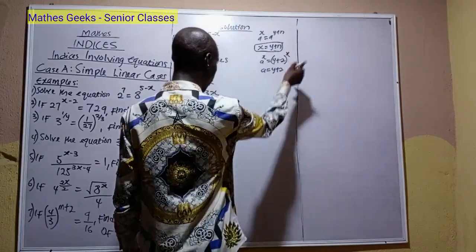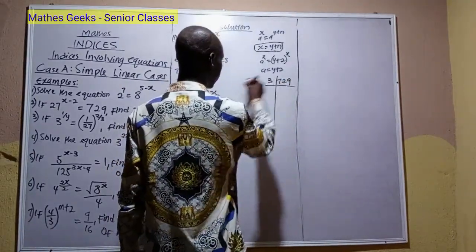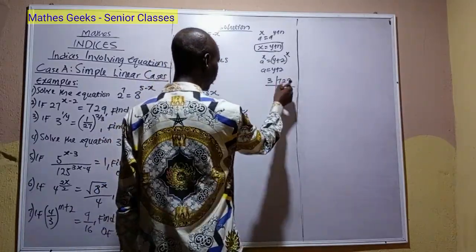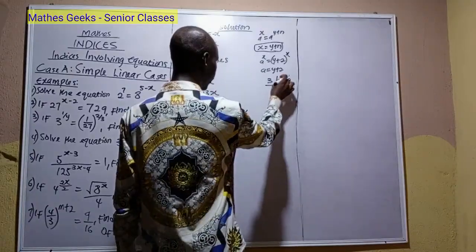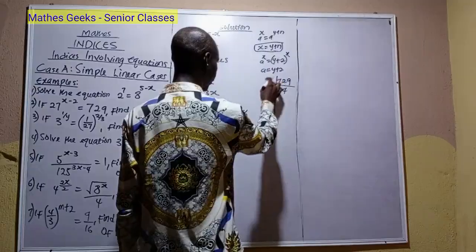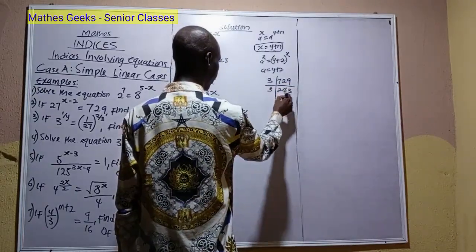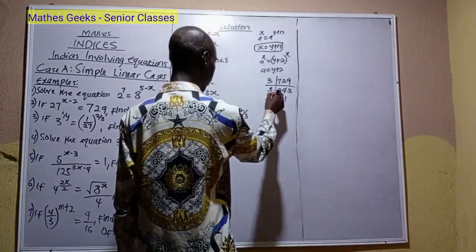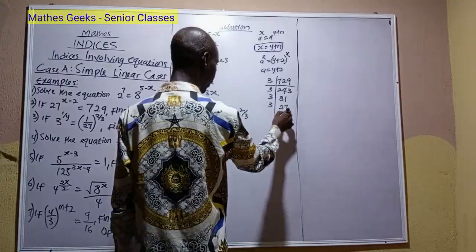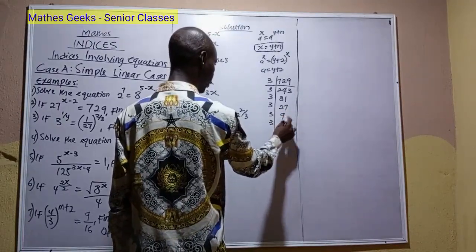To get that, I'm going to divide 729 all through by 3. So 3 into 7 will give me 2, remainder 1. Bring it here, it becomes 12. 3 into 12 is 4. 3 into 9 is 3. 3 into 24 is 8. 3 into 3 is 1. 3 into 81 is 27. 3 into 27 is 9. 3 into 9 is 3. 3 into 3 is 1.